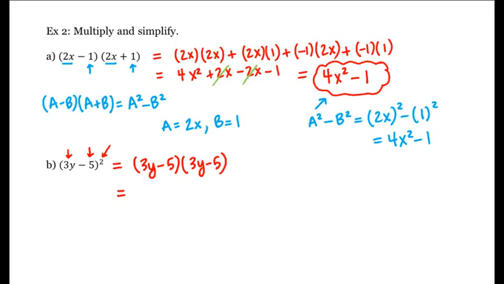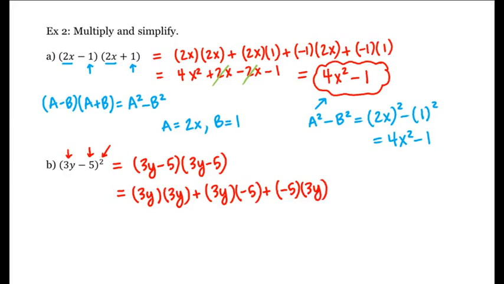This is equal to the product of the first terms in the two binomials, so 3y times 3y, and then plus the product of the outer terms, so 3y times -5, and then plus the product of the inner terms, so -5 times 3y, and then plus the product of the last terms, so -5 times -5, which is equal to 9y squared minus 15y minus 15y plus 25.